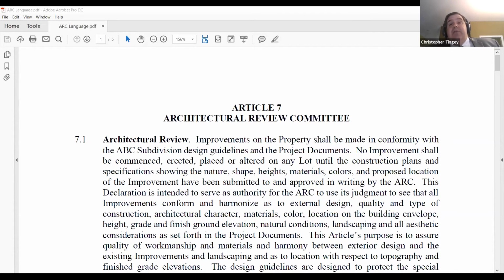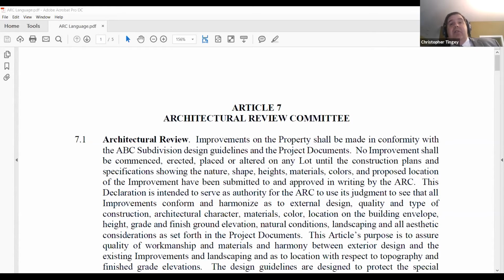And if you fail to approve it, then right here, the application shall be deemed approved. And those are very scary provisions, because if you're not paying attention, then things get approved that maybe otherwise would not get approved. So here in this provision, it says the ARC shall be entitled to establish one or more extensions of time not to exceed 30 days, which is nice. It's nice to have something like that. And so that's a good thing.